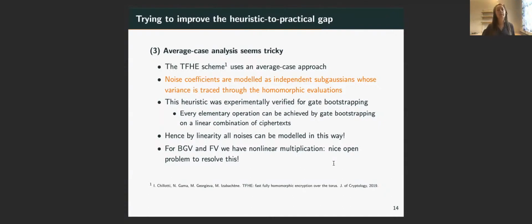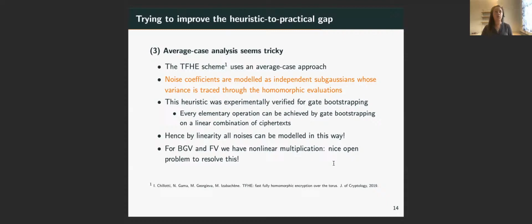But the difference here is that in TFHE, every elementary operation that is needed can be achieved via bootstrapping on a linear combination of ciphertexts. So by linearity, it means that all the noises can be modeled in this way. But the issue in our case, so in BGV and FV, is that we do not have linear multiplication.